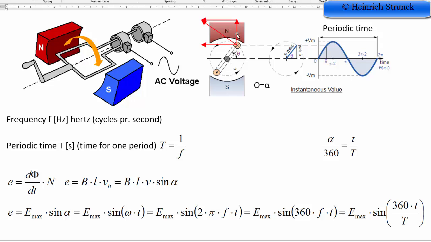And if we look up here again, we can see that the horizontal speed must be the hypotenuse multiplied by sine of angle theta or alpha, because this angle must be the same as this angle up here. Because if we have the wire out here, we only got a vertical speed, so this one is placed here vertical. We don't have a horizontal speed.